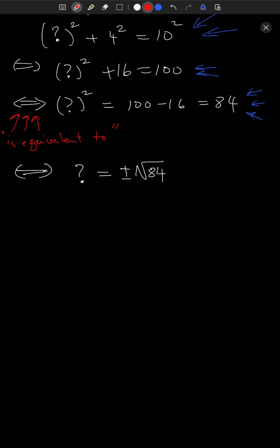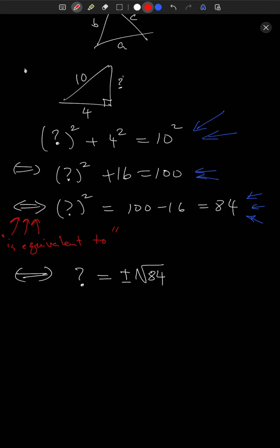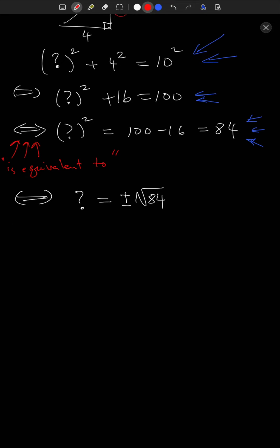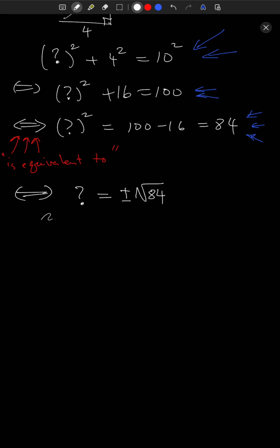I emphasize this, but in this particular example, we don't want the negative one because we're talking about the side of a triangle, and a triangle can't have negative length. So in our particular situation, question mark is equal to the positive square root of 84.